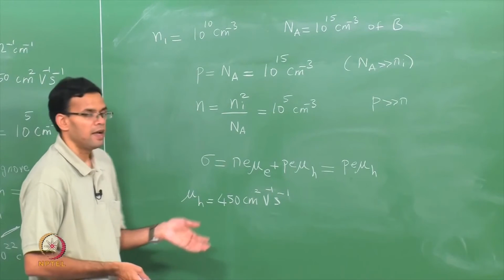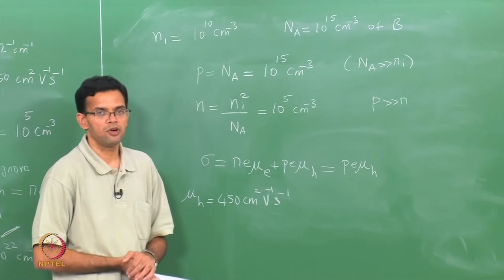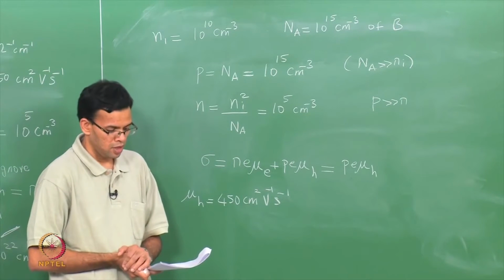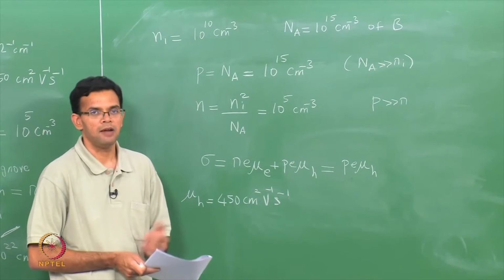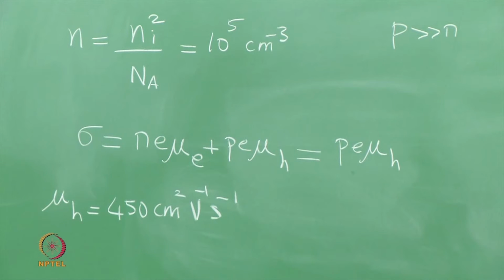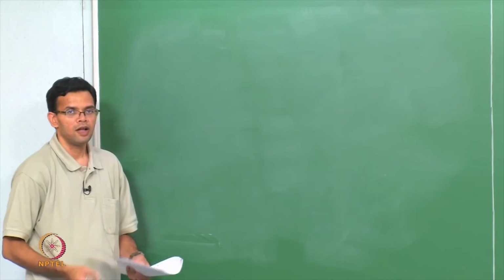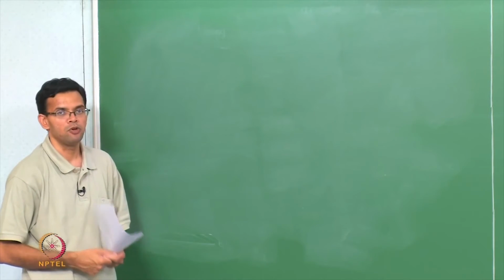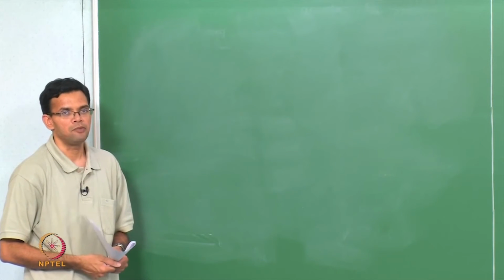So, we have looked at an n-type dopant, we have looked at a p-type dopant. Now, what will happen if we add both an n and a p-type dopant together? So, we look at a situation where we have both the n-type and the p-type dopant.